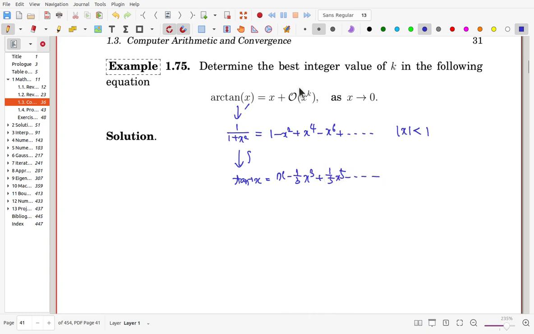So there's x here. For the remainder part, that one is in big O of x cubed, right? So k must be 3.